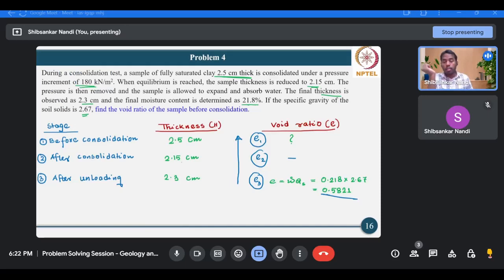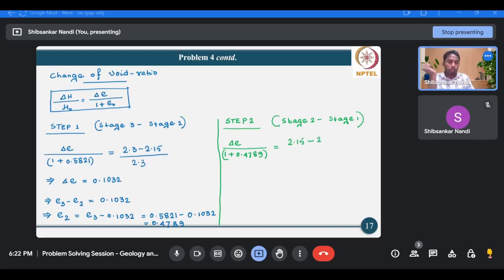This was the thickness corresponding to after consolidation, and this was the thickness before consolidation. So delta E equals 2.15 minus 2.5 divided by 2.15 multiplied by 1.4789.